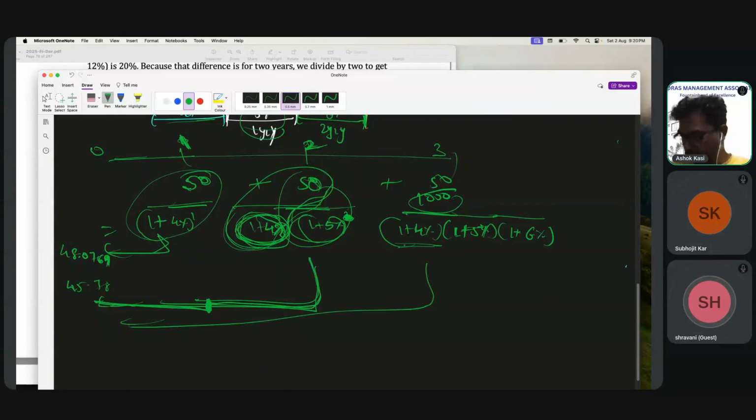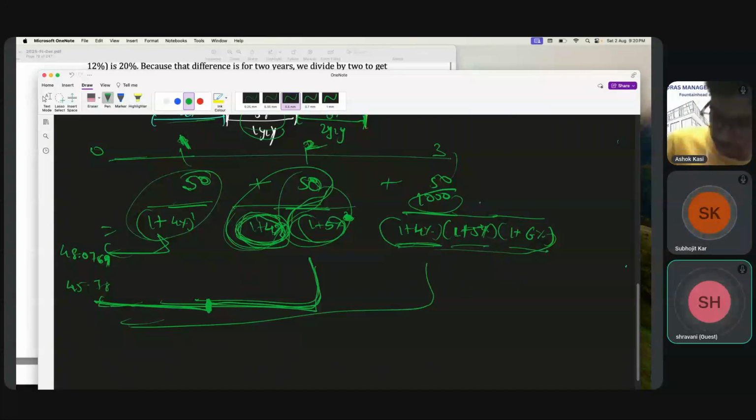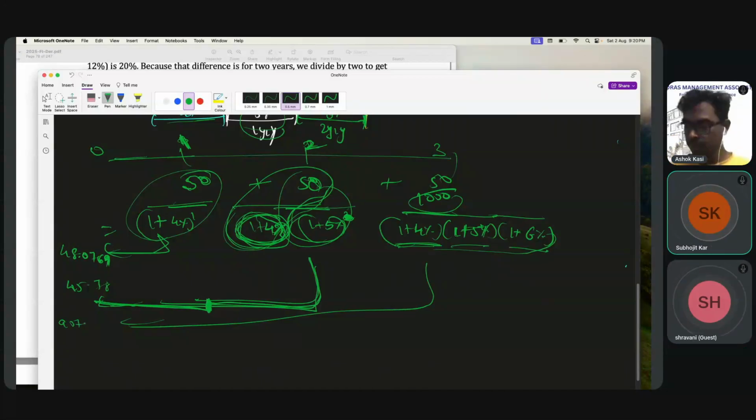You have to take 1.04 into 1.05 into 1.06, multiply all, and then whatever you get, inverse it into 1050. That is 907.1117. Is it okay?